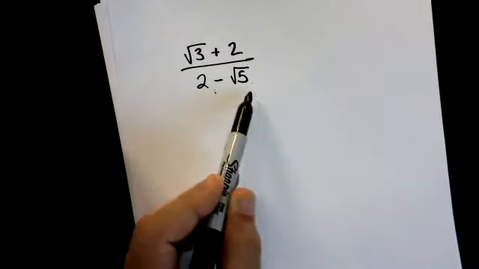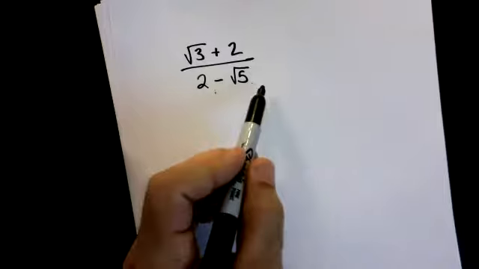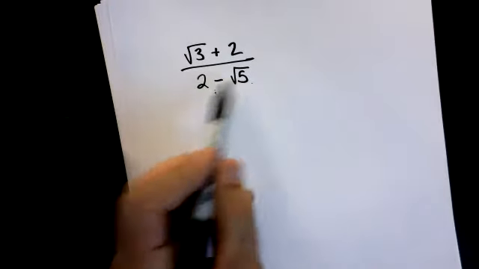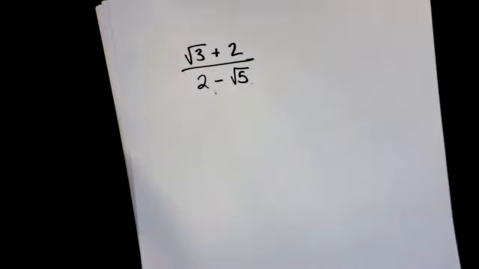The only way to get rid of the square root of 5 here is to multiply by the conjugate. If you try just multiplying by the square root of 5, when you distribute, you're still going to end up with a radical on the bottom, and we don't want that.